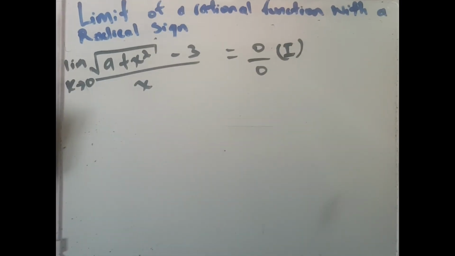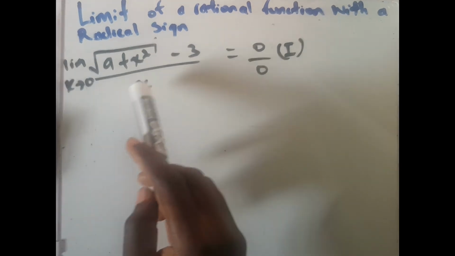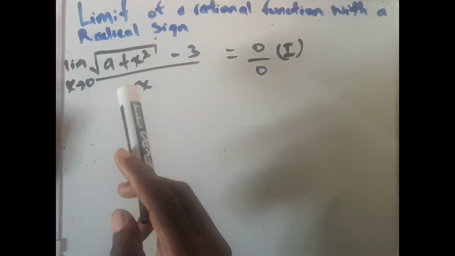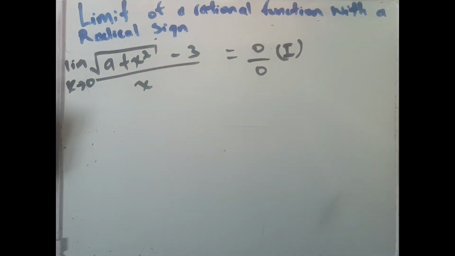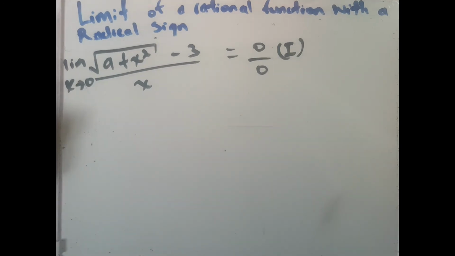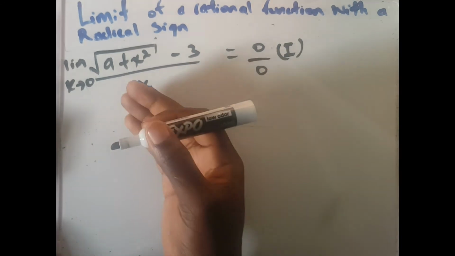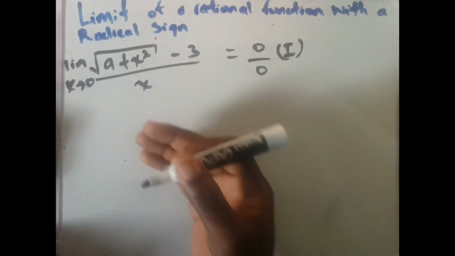So this time, I said that we were going to do a next example with the radical sign in the denominator, but I'm running out of time, so I'm working with the radical sign in the numerator just to show you guys how we do this. So the same thing goes, you multiply by the conjugate, except you're multiplying by the conjugate of the numerator.